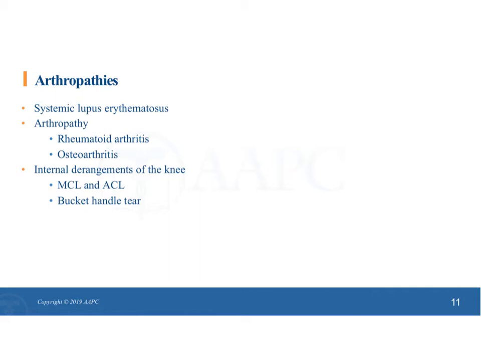Manifestations can occur in the joints, skin, cardiopulmonary system, the spleen, neurological system, renal system, hematologic system, and the gastrointestinal system. It is more common in women, and the cause is unknown.